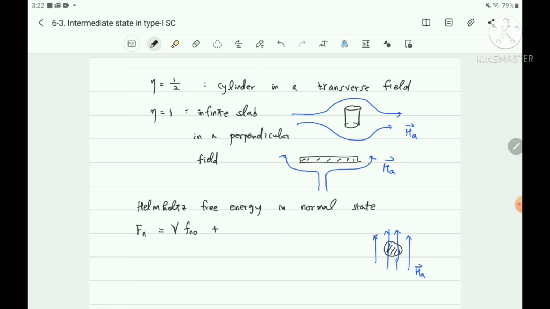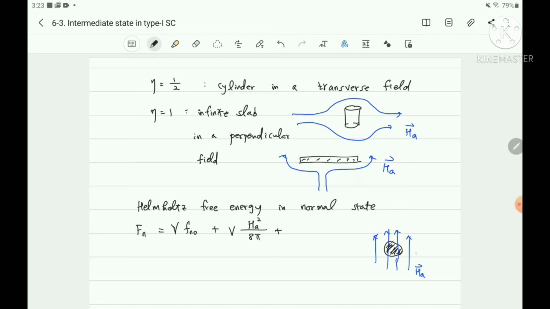We know the magnetic field energy density is HA squared over 8 pi in CGS units, which is already known in electrostatics. Here is the magnetic field energy inside a sample, because even inside a sample there is a magnetic field in the normal state.